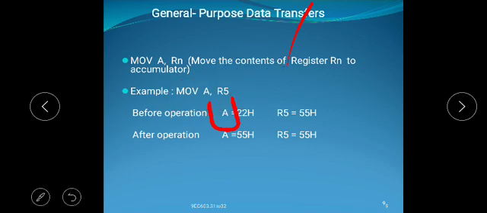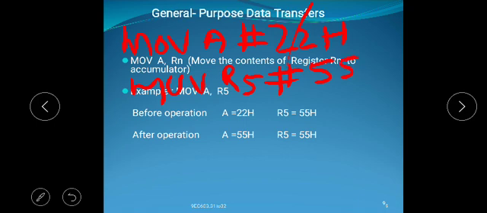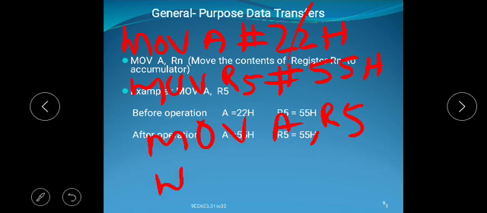For example, A is 22H and R5 is 55H. MOV A, R5: the content of R5 is moved to the A register.